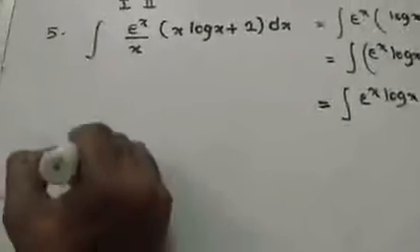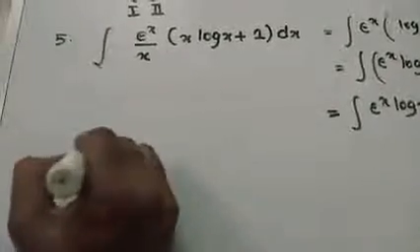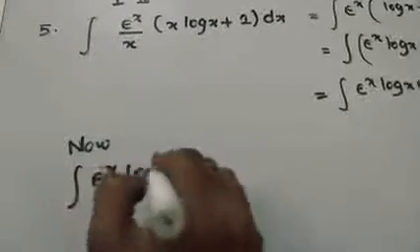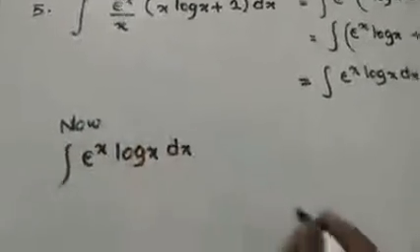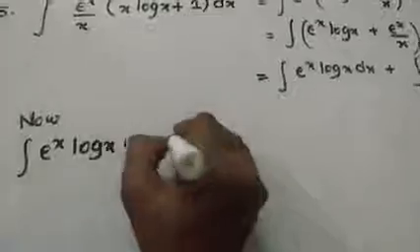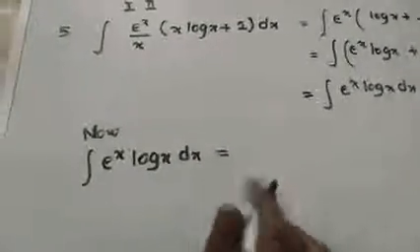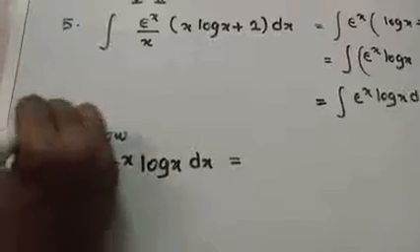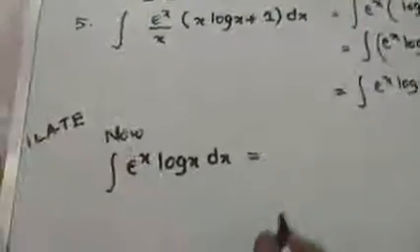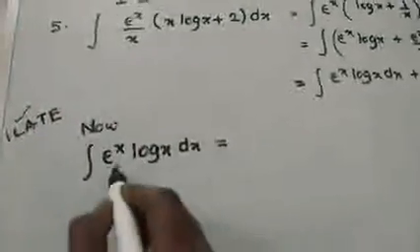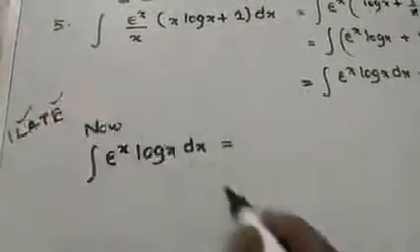Okay, so then you have to write now integration e to the power x log x dx. Now using the ILATE rule, not the chain rule. Logarithm comes under the category of log and e to the power x comes under the category of exponential.